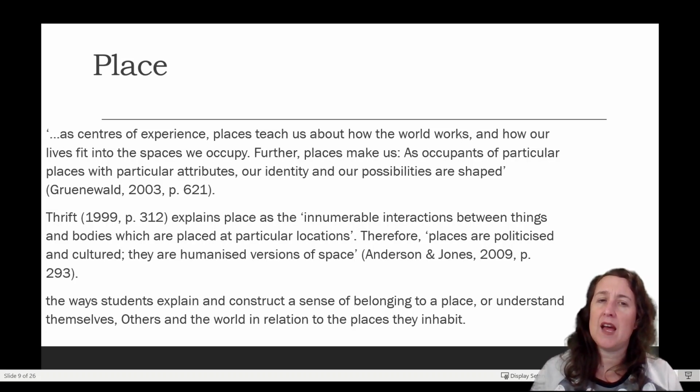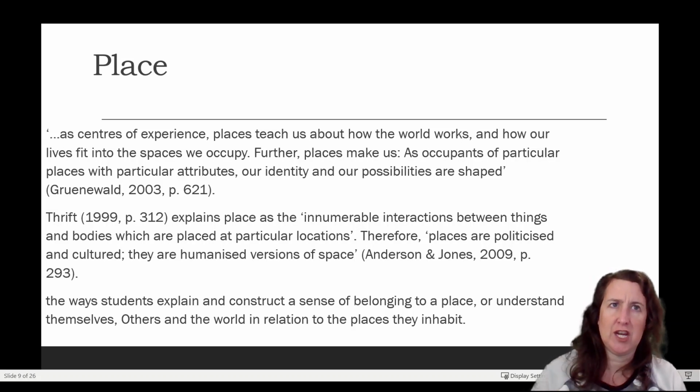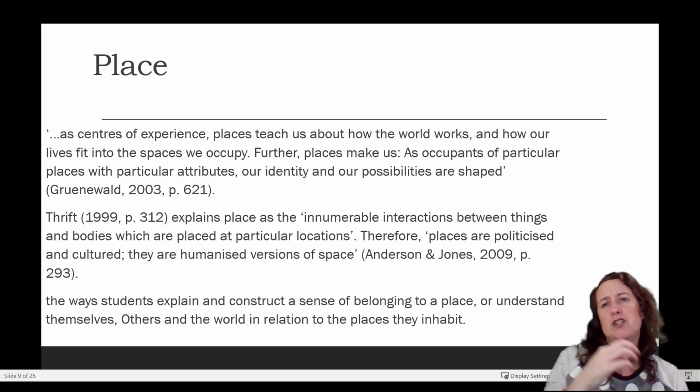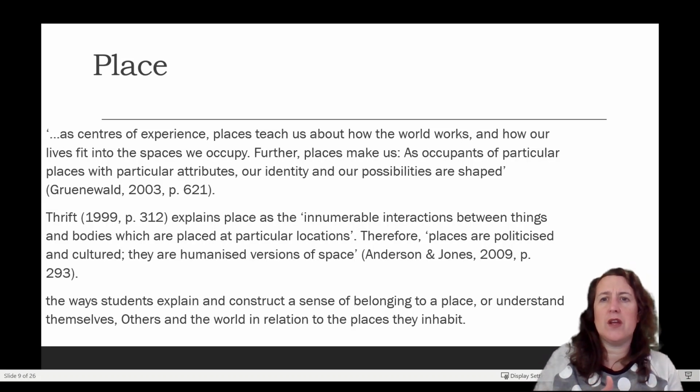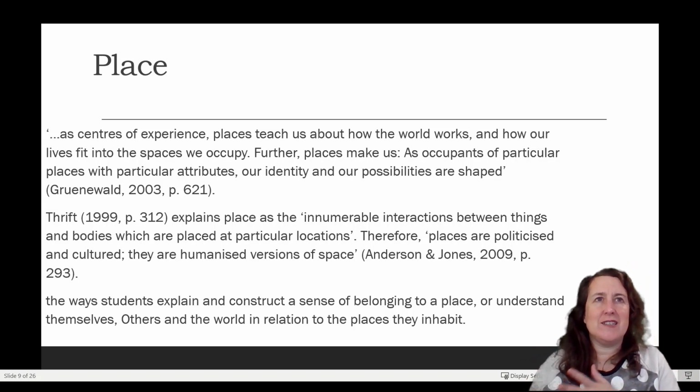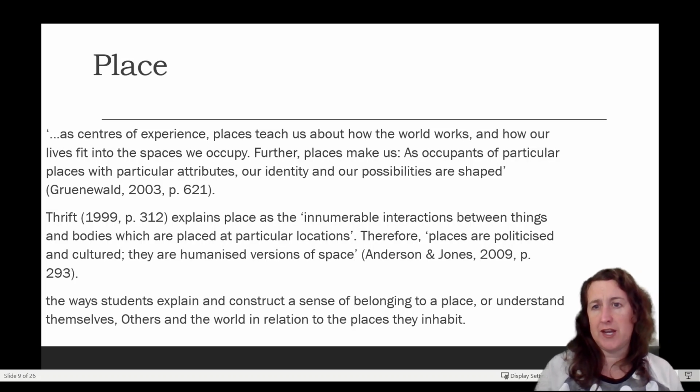Places teach us about how the world works and how our lives fit into the spaces we occupy. Further, place makes us, as occupants of particular places with particular attributes; our identities and our possibilities are shaped. So when you think about that definition, you can see how schools are a significant place. They're a place where our identities and possibilities for our life are shaped.